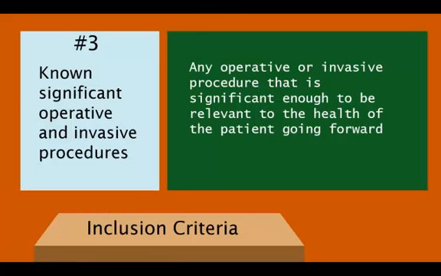The third inclusion criteria is known significant operative or invasive procedures. So any operation or invasive procedure that is significant enough to be relevant to the patient's health going forward would be included. This is a fairly easy one and also very applicable to our care because it's important for us to know if this patient has a hip replacement or a knee replacement when we're doing our adjustments.